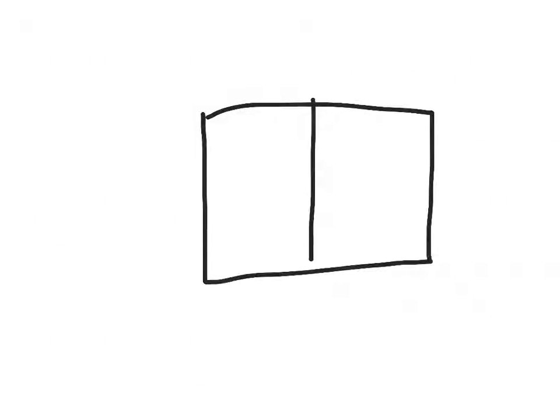This is called a Punnett square. And for simple genetic crosses, this is how we figure out percentages.